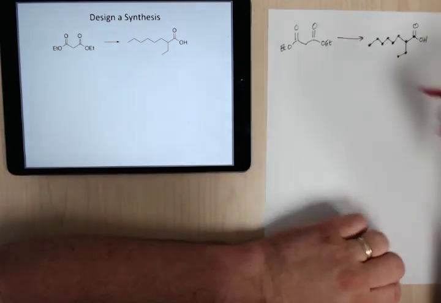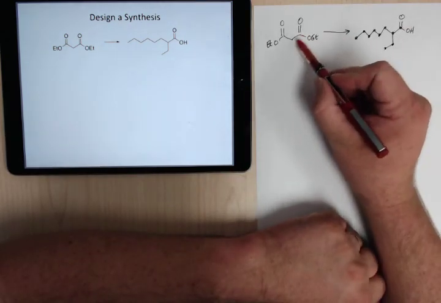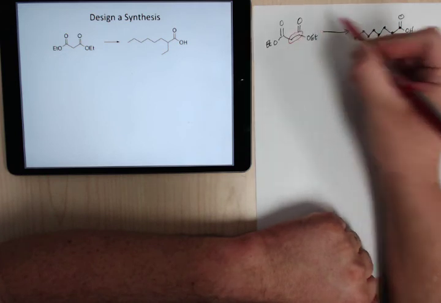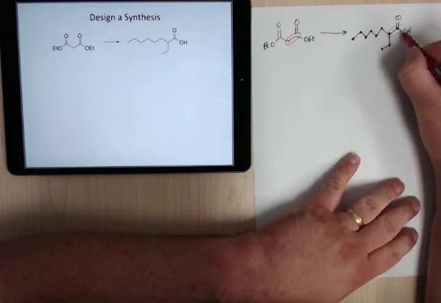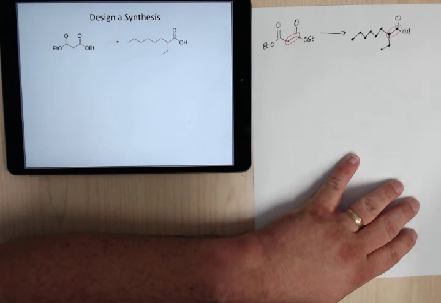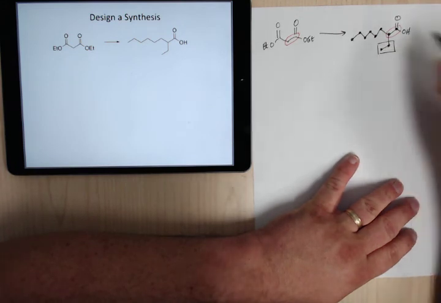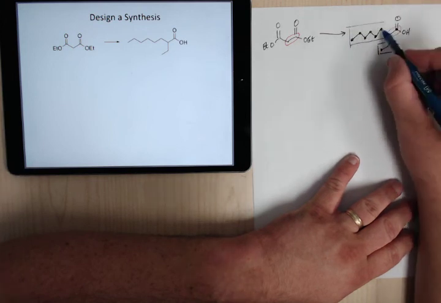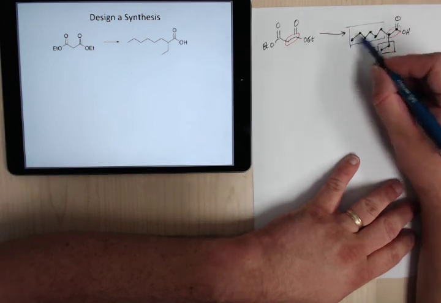Okay. So I'm going to say this is the C-O that we keep. So these two carbons here are going to be these two carbons there. So what we need to do is add a 2-carbon piece and this 6-carbon piece. 1, 2, 3, 4, 5, 6.